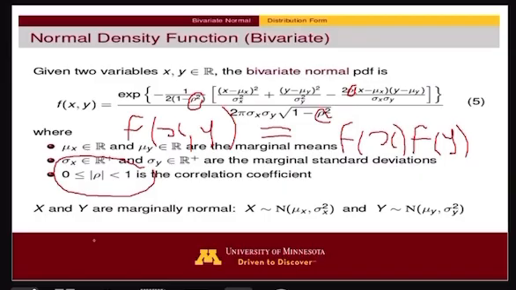Even though you have already seen that the distribution of X is normal and the distribution of Y is normal, you still need to conduct a test to investigate whether they are distributed jointly normally. Does that make sense?